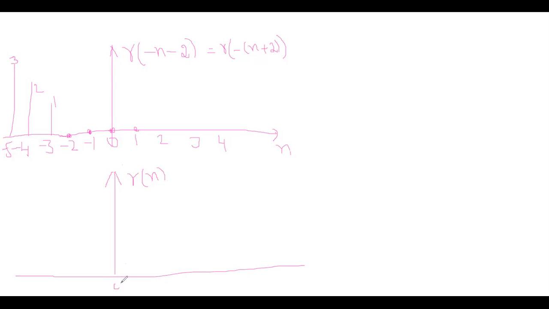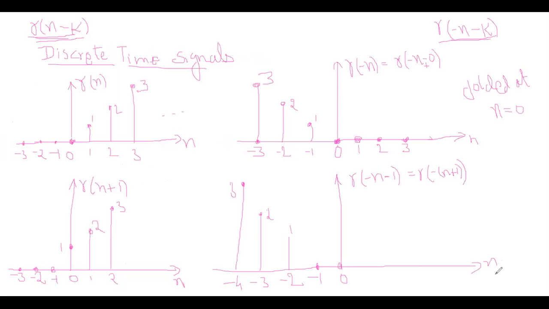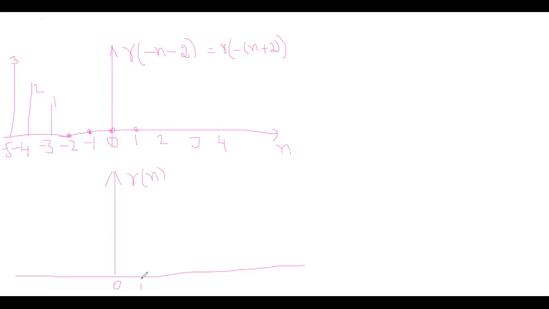What is R of n? 0, 1, 2, and 3. 1 occurs here, 2 occurs, and 3. Minus 1 is 0, and 0 is also 0. Minus 2 is also 0. Minus 3 is also 0.